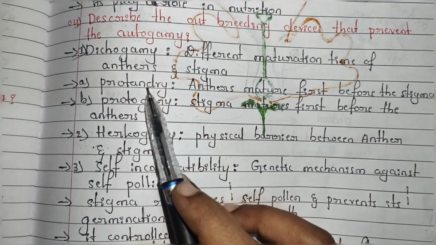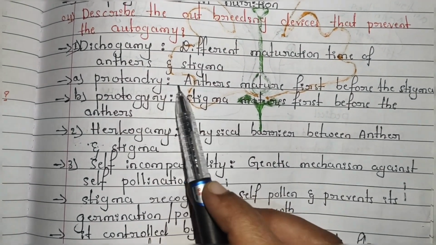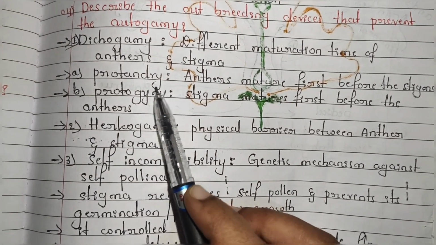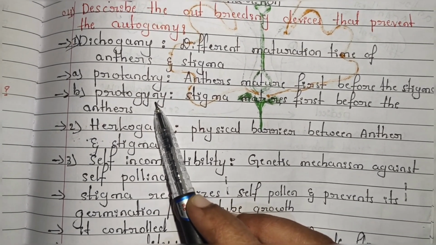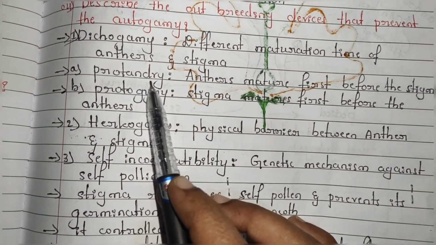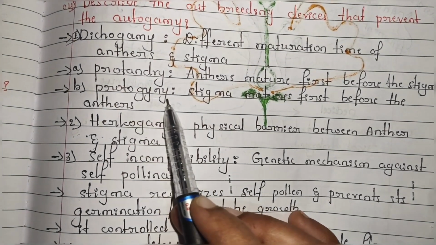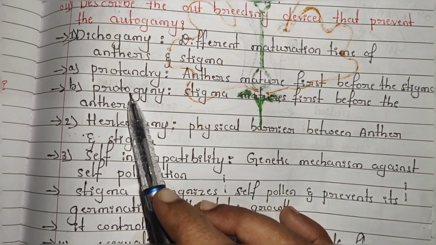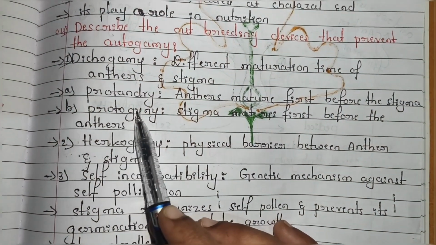Protandry is a subtype: if the anther matures at a different time, we call it protandry. If the gynoecium matures at a different time, we call it protogyny. Andry means androecium, gyny means gynoecium, and proto means which one matures first.